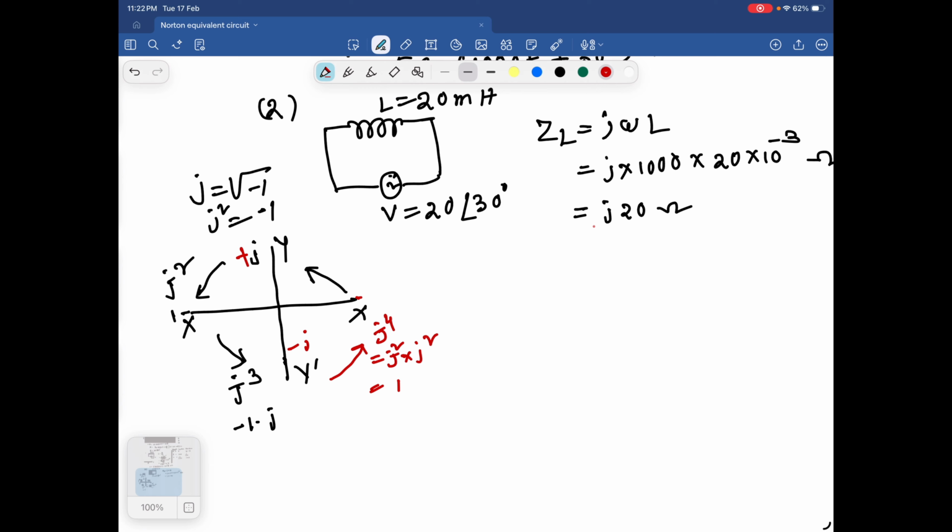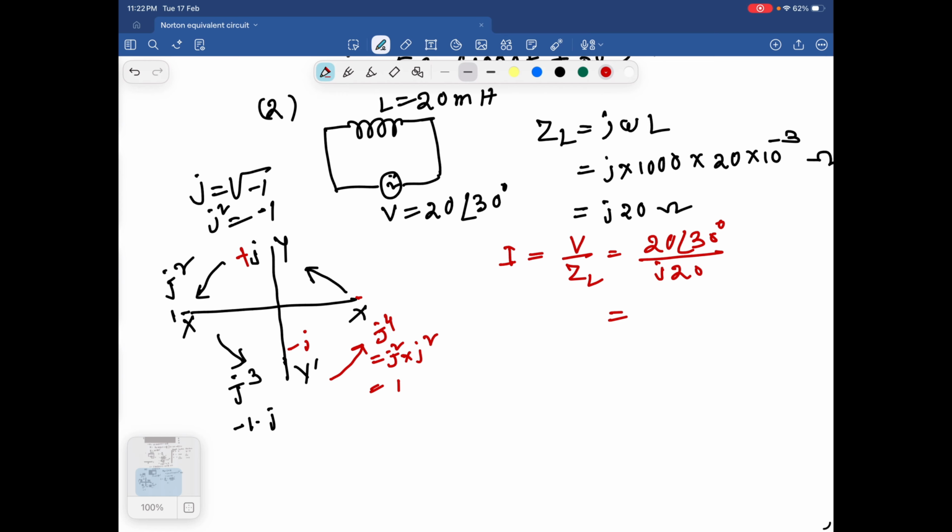So now ZL is equal to j20 ohms. So the current I is equal to V by ZL. So this is equal to 20 angle 30 divided by j20. Now j20 is equal to 20 angle 90 degree.